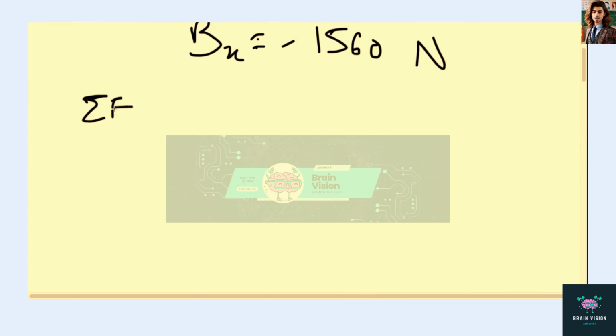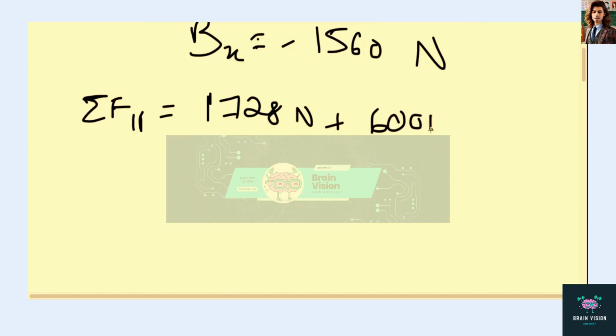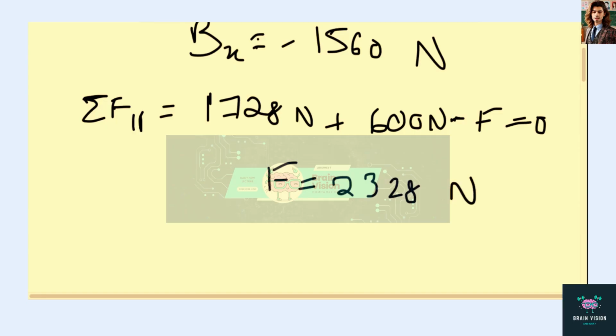Net force, now we're going parallel to the bar. It's going to be 1728 newtons plus 600 newtons minus F equals 0. So F equals 2,328 newtons. And then using the force triangle, I know that angle is 67.4 degrees.